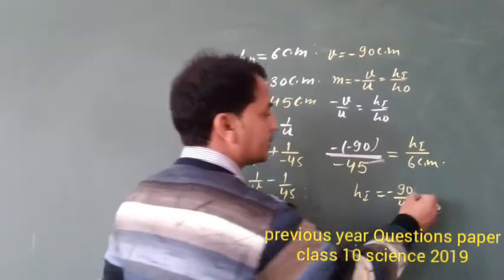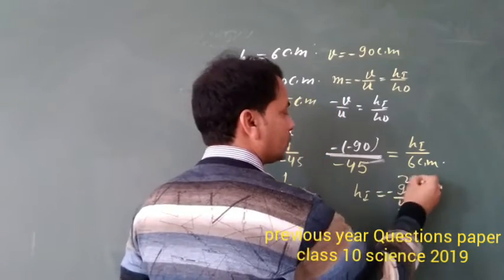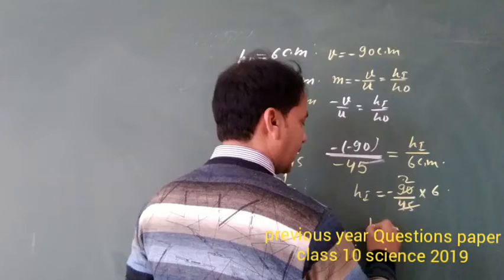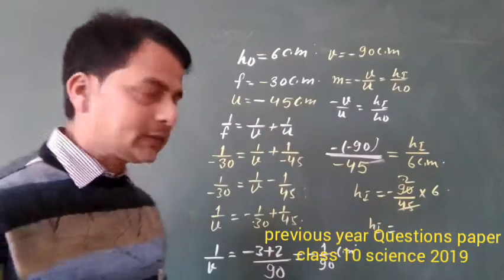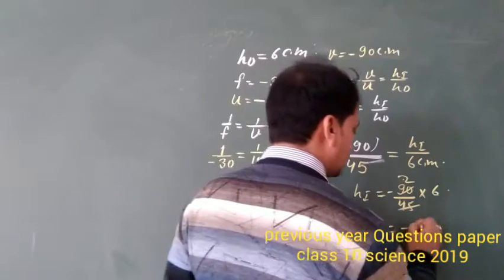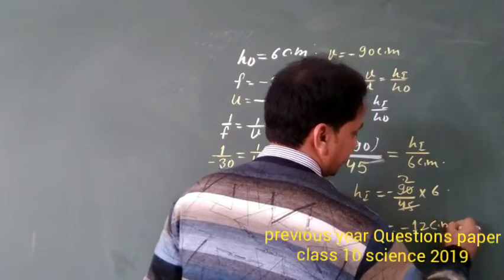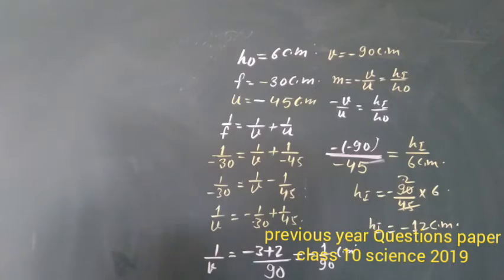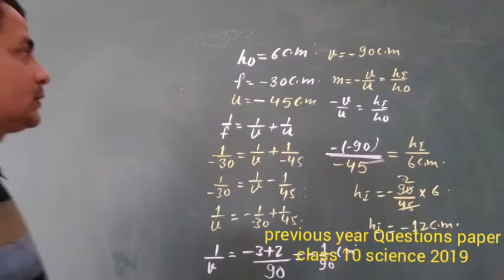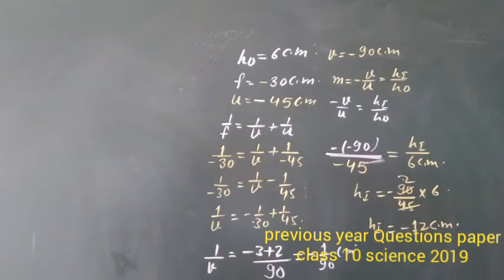Then 6 centimeter, 45 2, and that is the height of the image, minus 2 into 6, that is 12 centimeter. So you get minus 12 centimeter. It is clear that the height of the image is 12 centimeter and the image distance is minus 90 centimeter.